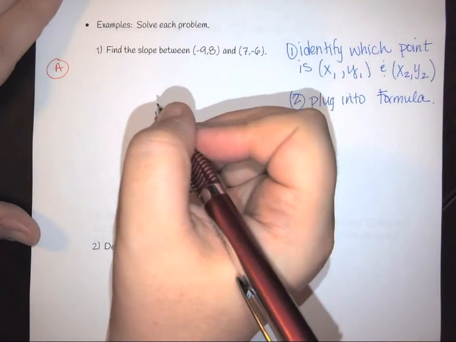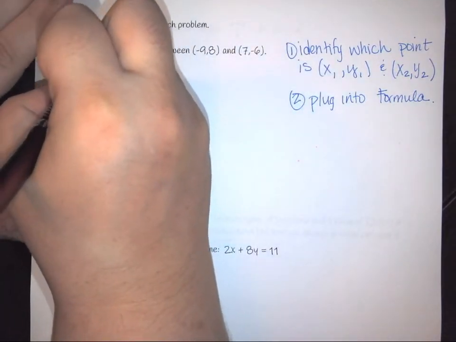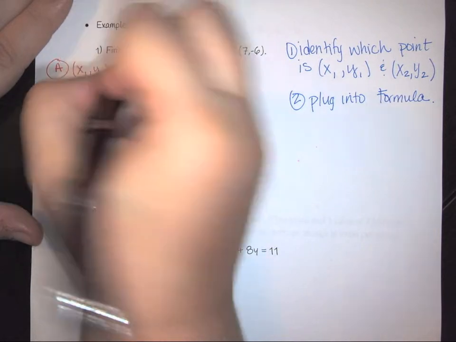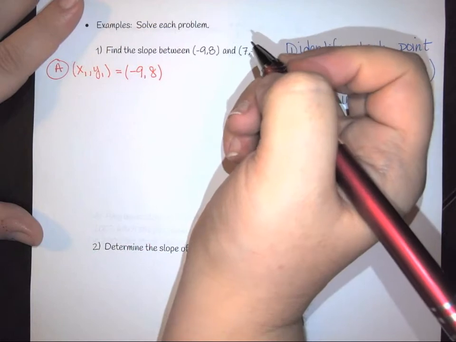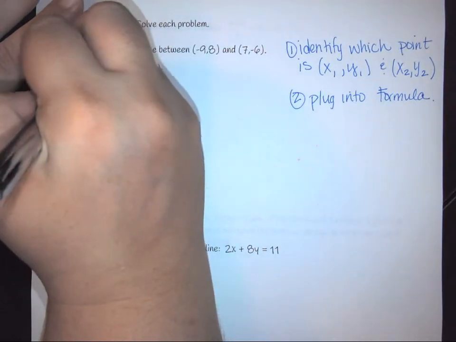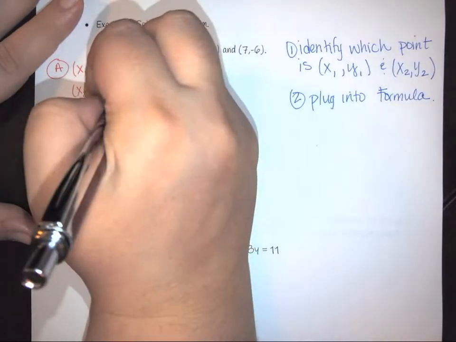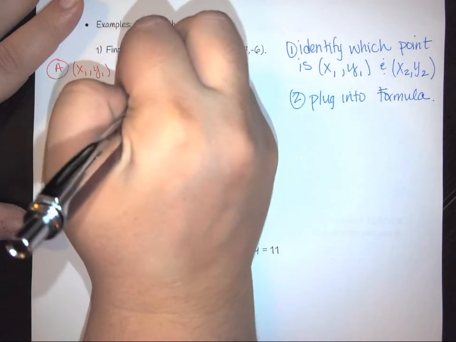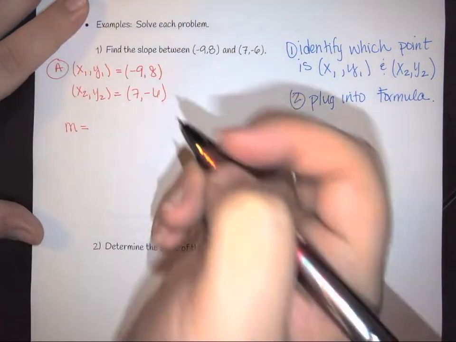So, way number A. Let's make x1, y1 equal to the coordinate -9, 8. This would then mean that x2, y2 is equal to 7, -6. So I have to plug into my formula.